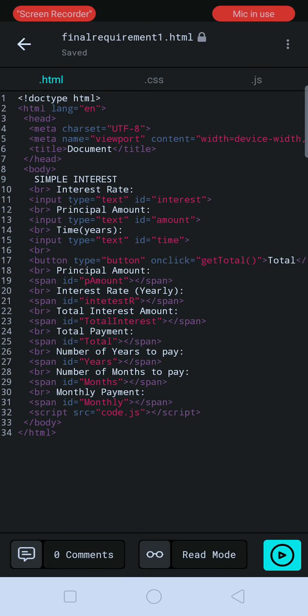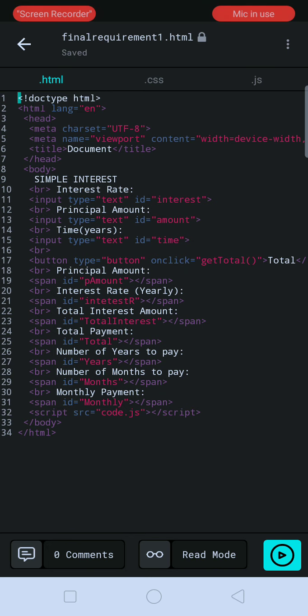Then the third code is to display the output: principal amount, interest rate, total interest amount, total payment, number of years to pay, number of months to pay, and monthly payment. The ID of the principal amount is P amount.